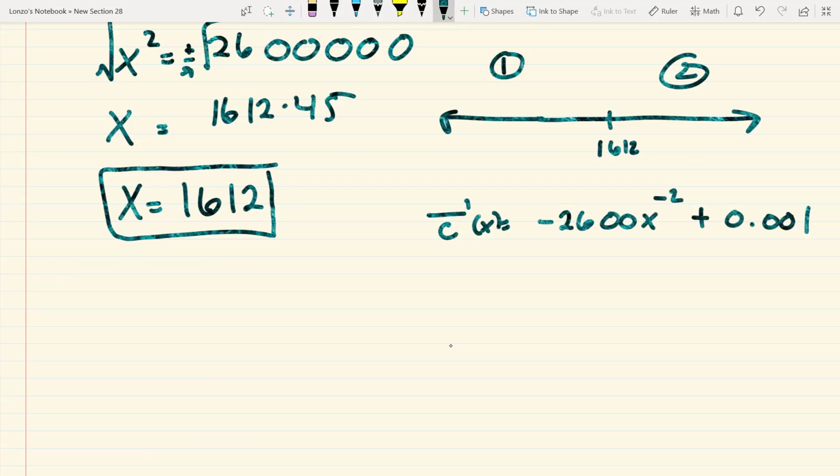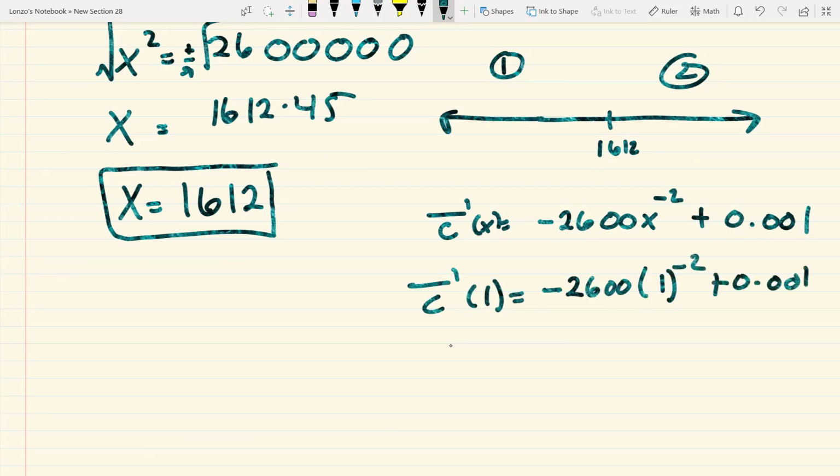Let's pick a number less than 1612. I cannot use 0, so maybe I'll use 1. When you plug in 1, you get an output of negative 250. Now, I don't care about the number itself, I just care about the sign. So it's negative, a minus. And then let's test region 2.